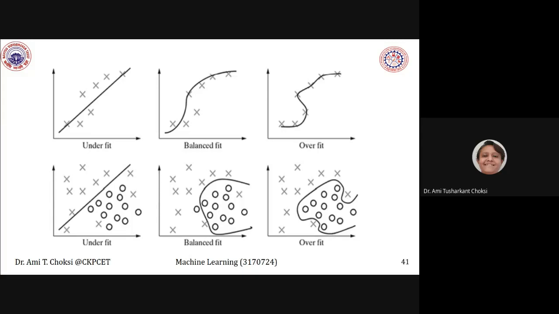Overfit, where many data points are being fit under that curve, right? So you can understand underfit, balance fit, overfit, right?